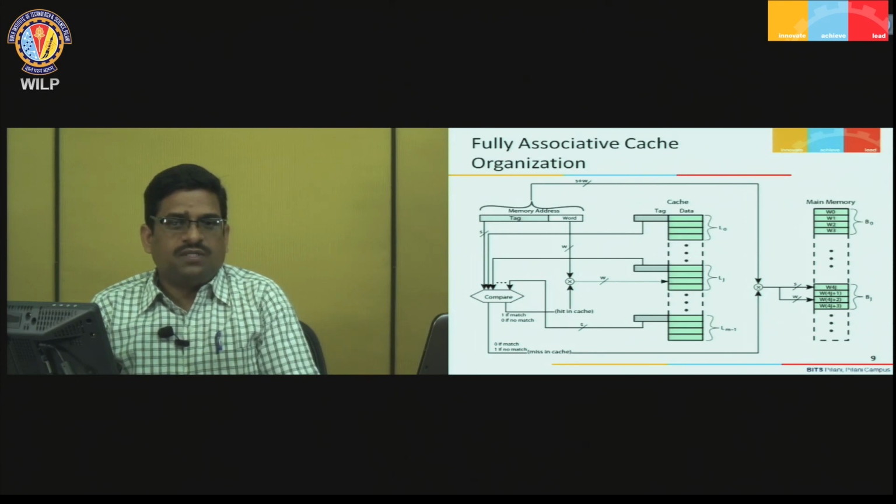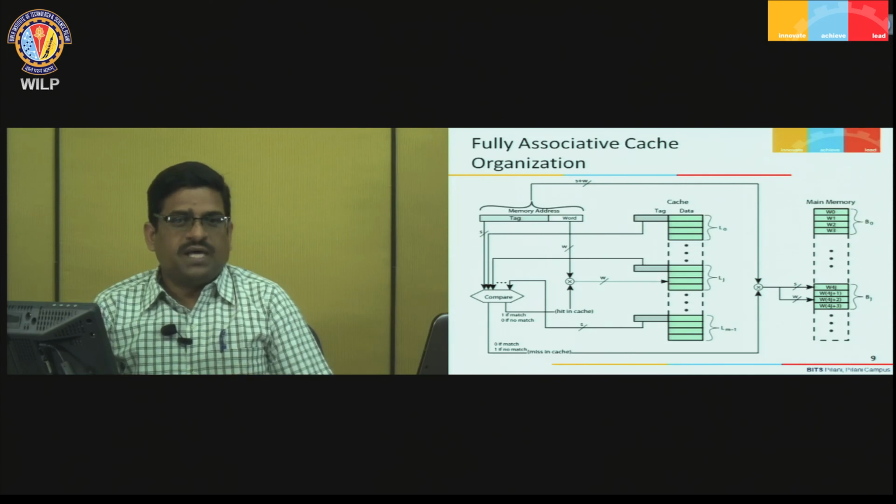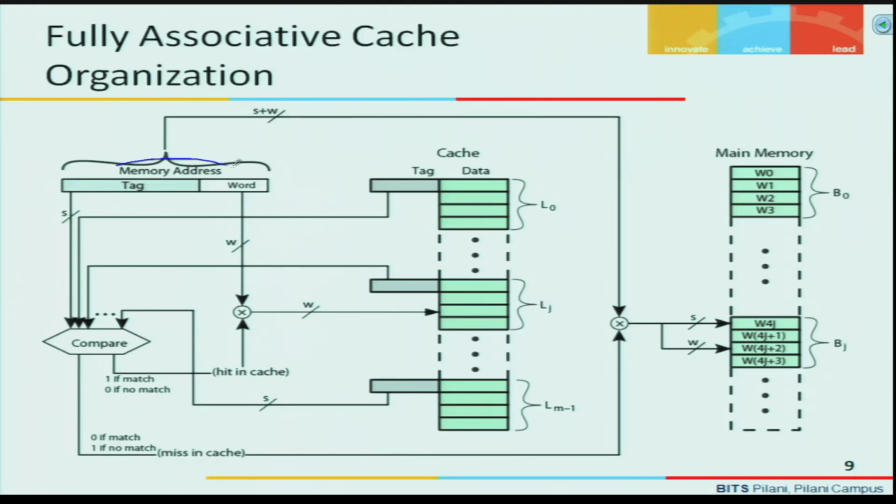Now, let us see how the word is located for the address generated by the processor. What associative circuitry is required to identify the word from the cache memory? You can see here, this is the memory address generated by the processor. Tag and word, it is logically divided as per the size of the cache memory and the main memory.